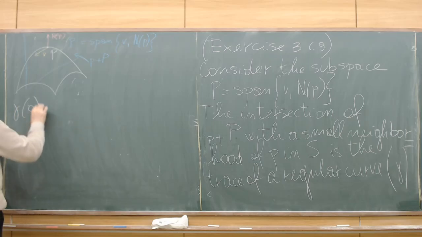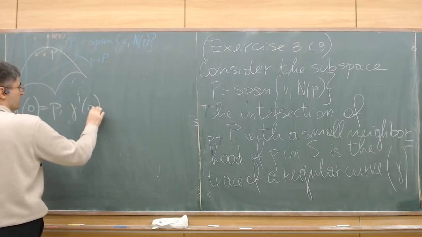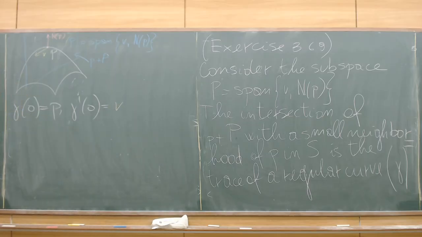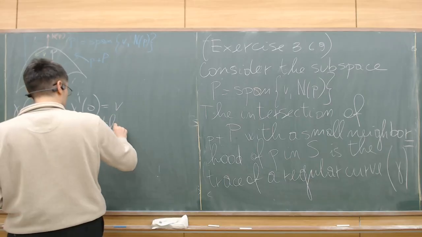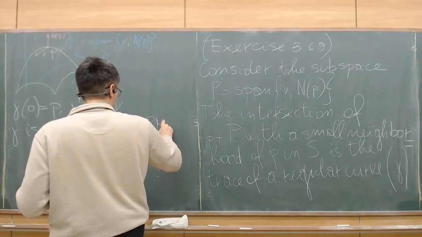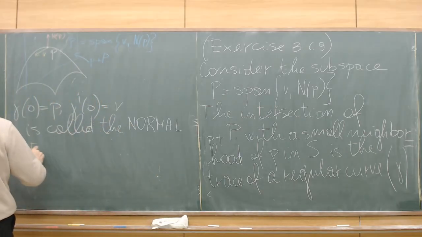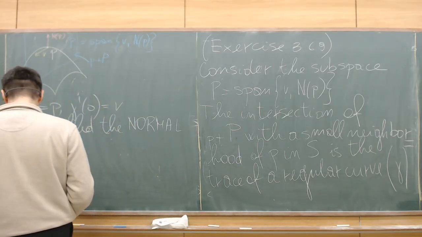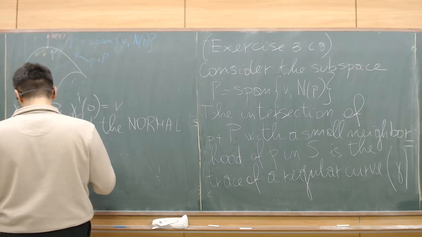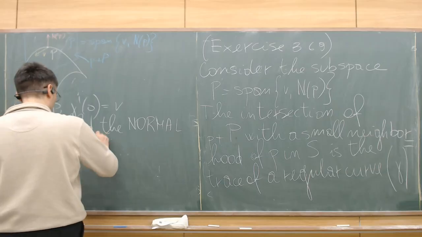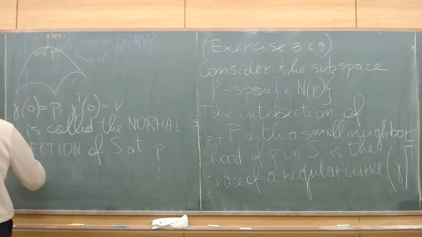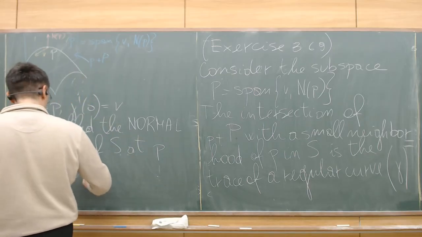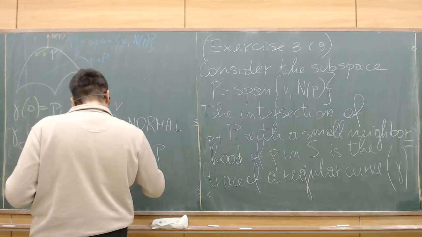Gamma satisfies these two conditions, and this is called the normal section of S at P in the direction V.